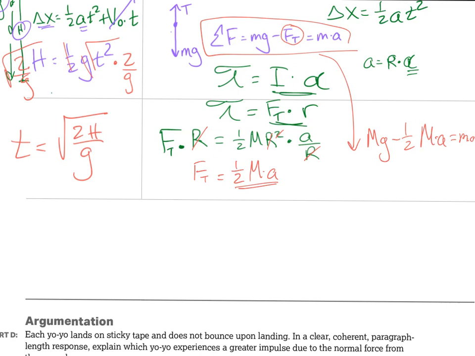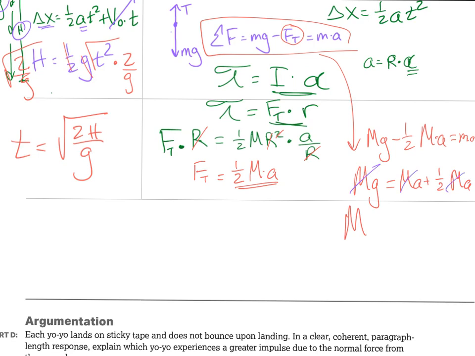And if I try to get like terms over to the same side, I got m times g equals ma plus 1/2 ma. So actually let's cross out all the m's. There's m's on every single term.